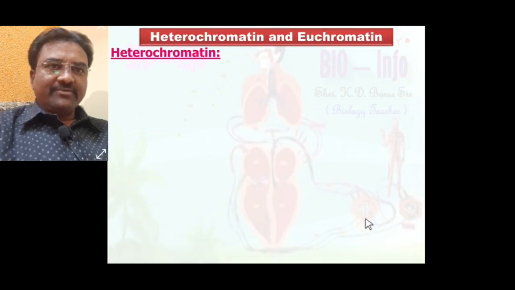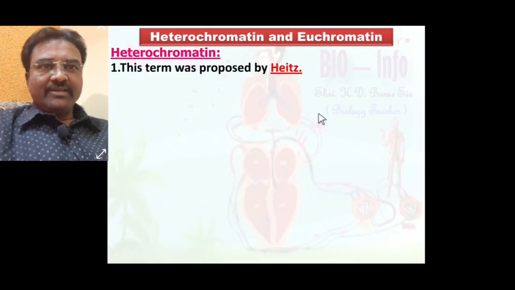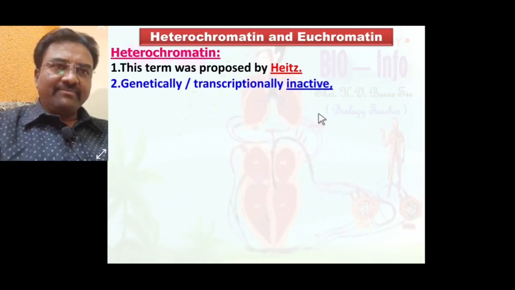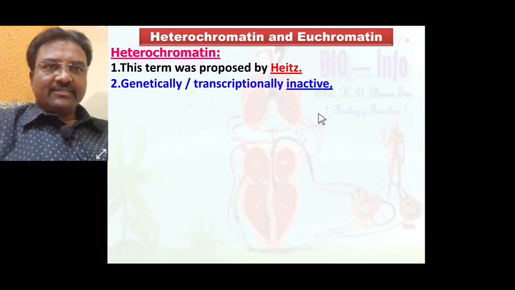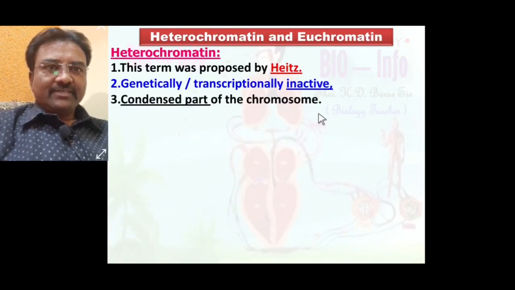First one is heterochromatin. The term heterochromatin was proposed by Heitz, the scientist. Heterochromatin is genetically, transcriptionally inactive. Heterochromatin is the condensed part of the chromosome.